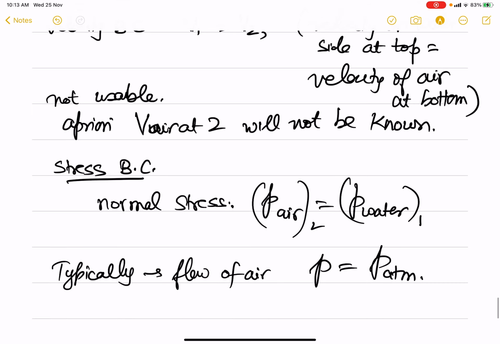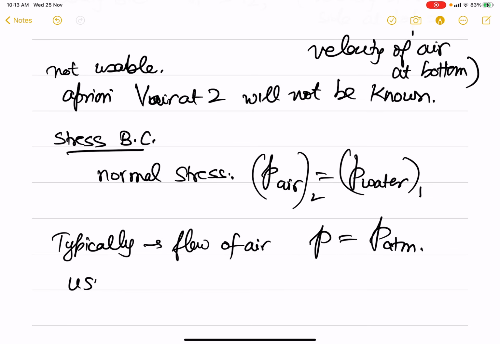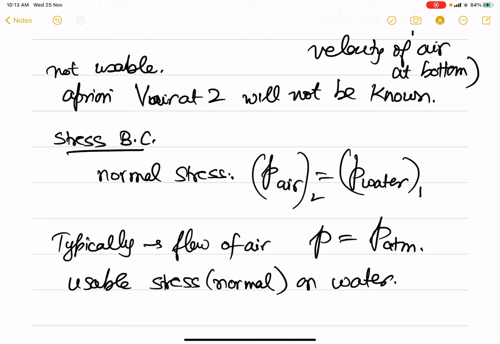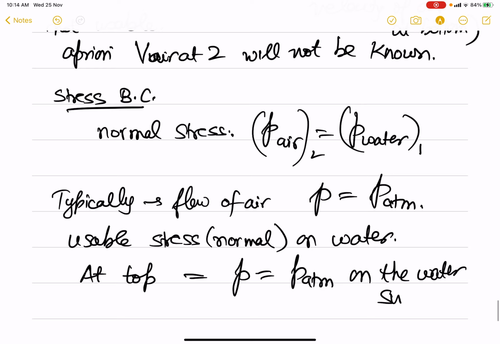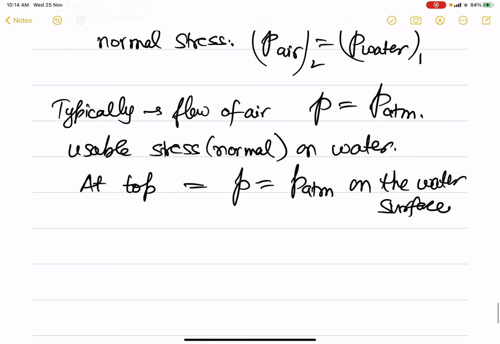So this gives us a usable normal stress boundary condition on water. At the top we can say pressure is equal to P atmosphere on the water surface. So this becomes a usable boundary condition.